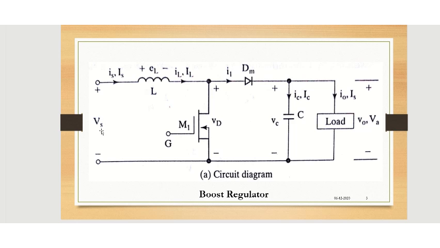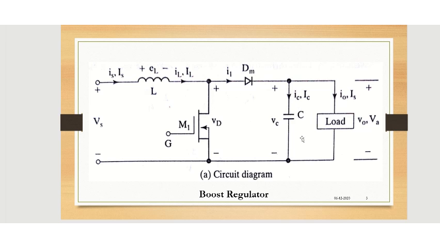So Vs is your input voltage. Obviously Is will be the current due to the input source. The voltage across L, inductor, is represented as EL. You can take it as VL also, no problem. The current flowing through the inductor is represented as IL, and I1 is the current that is flowing in the circuit when the switching device is off or the chopper is off.